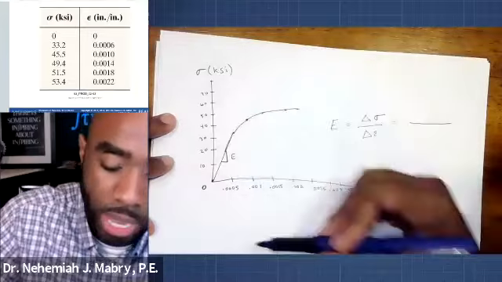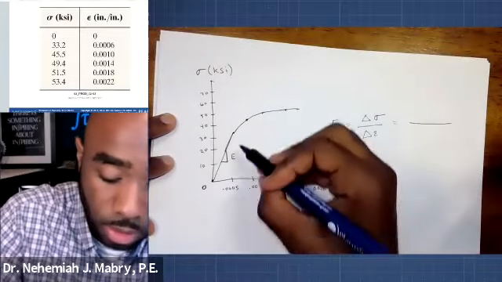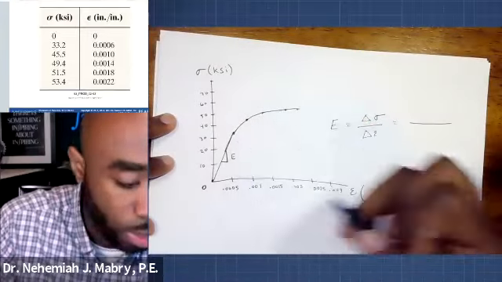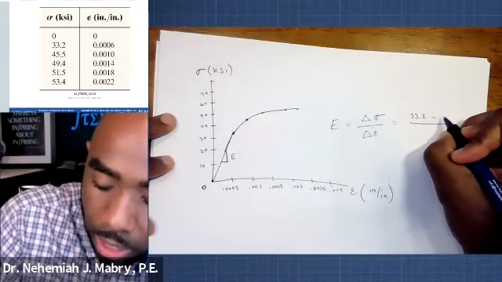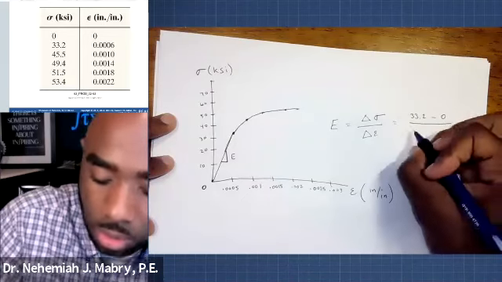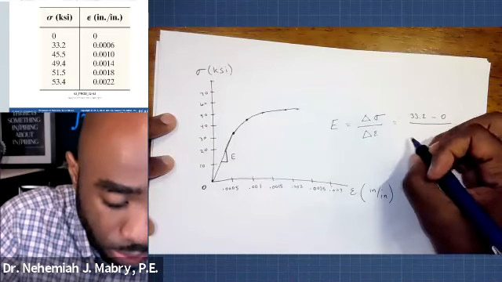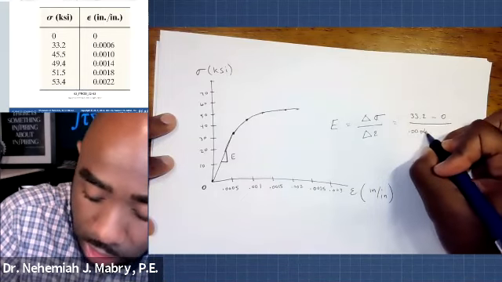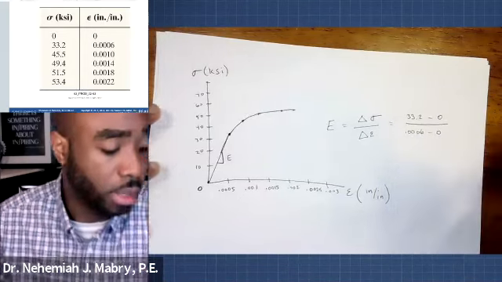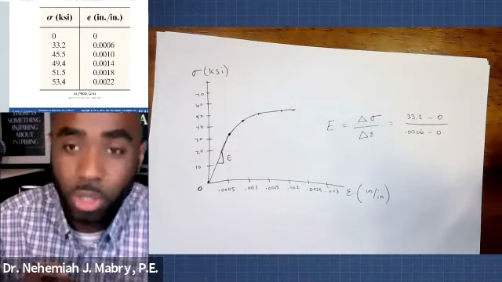If we're talking on the y-axis, knowing that it is linear here, we use these first 2 points. So 33.2, whereas it started at 0. And then down here, we can use 0.0006 minus 0. And then we just do the math.